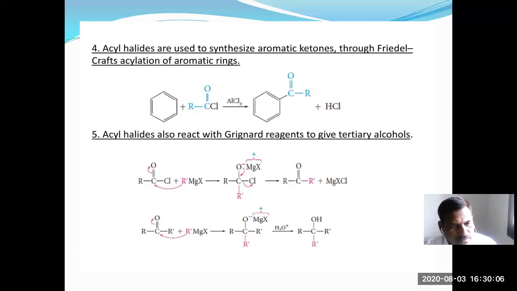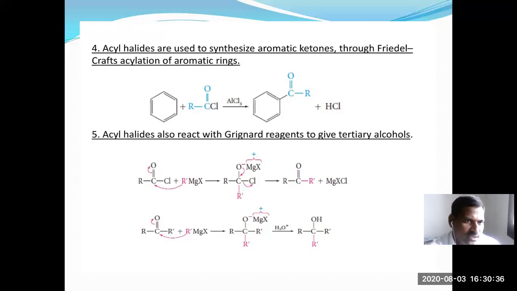Benzene reacts with acid chlorides in the presence of AlCl3 as a Lewis acid, and aromatic ketones are formed. An example is benzene reacting with acetyl chloride in the presence of AlCl3. Acetophenone is formed.